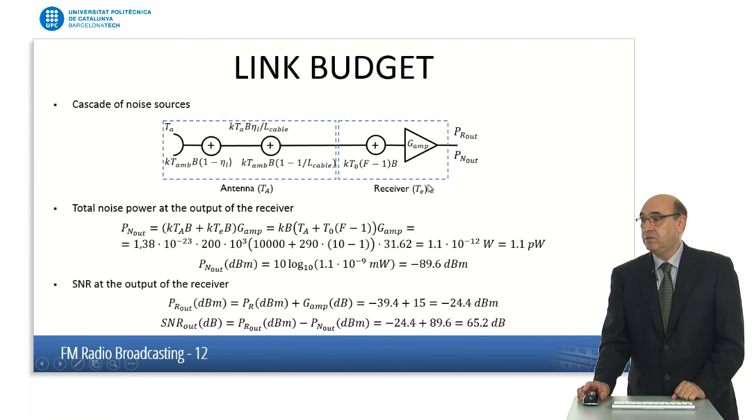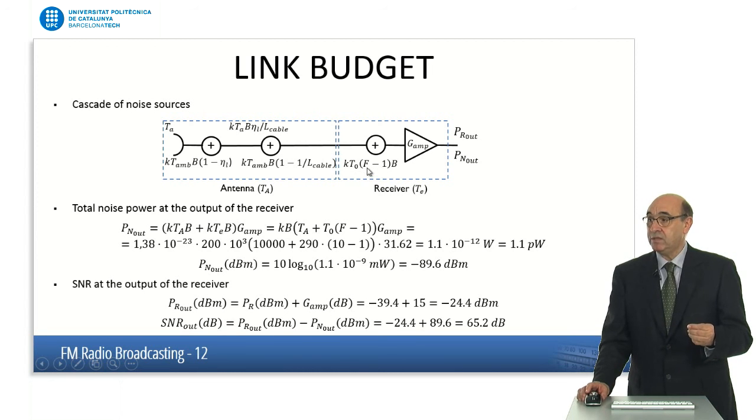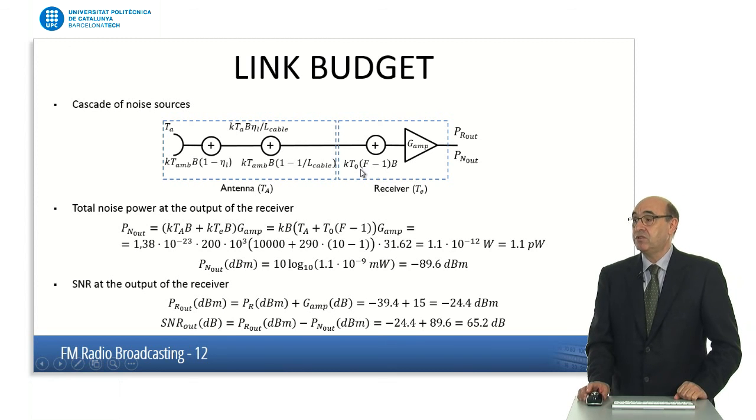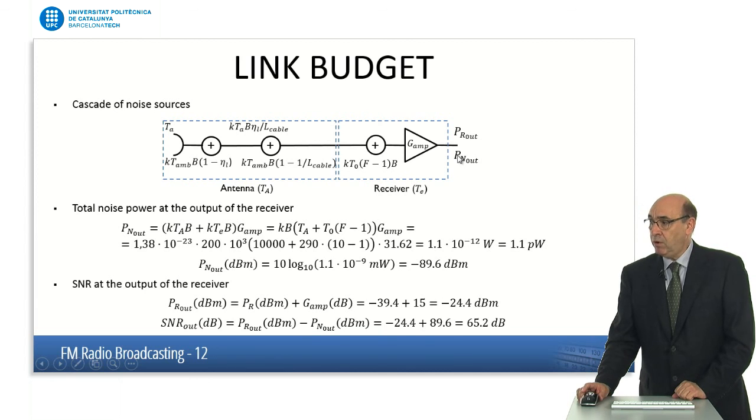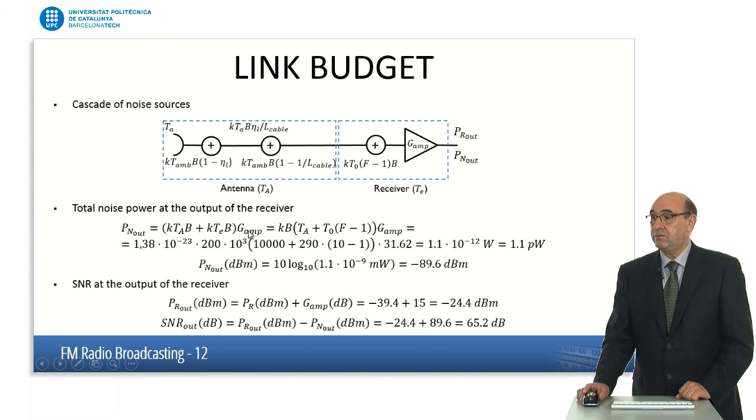And we also need to find the equivalent noise temperature of the receiver. Since we know the noise factor, which was 10 minus 1 times the reference temperature, Boltzmann constant and the bandwidth, this will give us the noise added by the receiver. So the power at the output will be the sum of the antenna noise plus the receiver added noise, and we multiply by the gain of the amplifier.